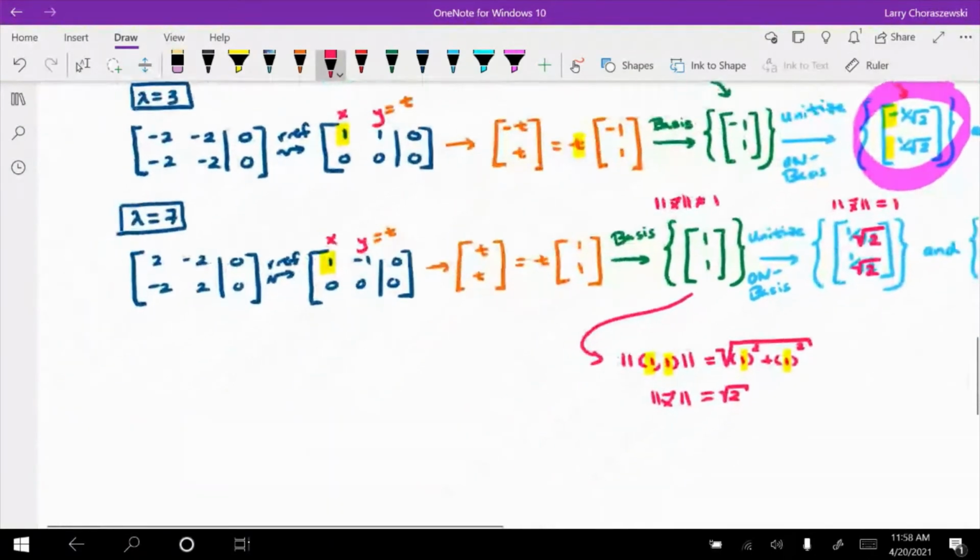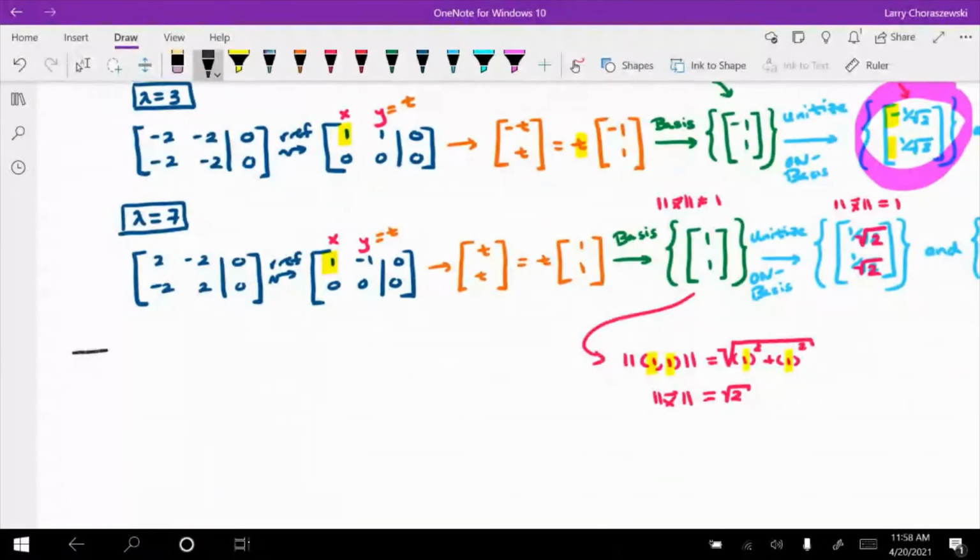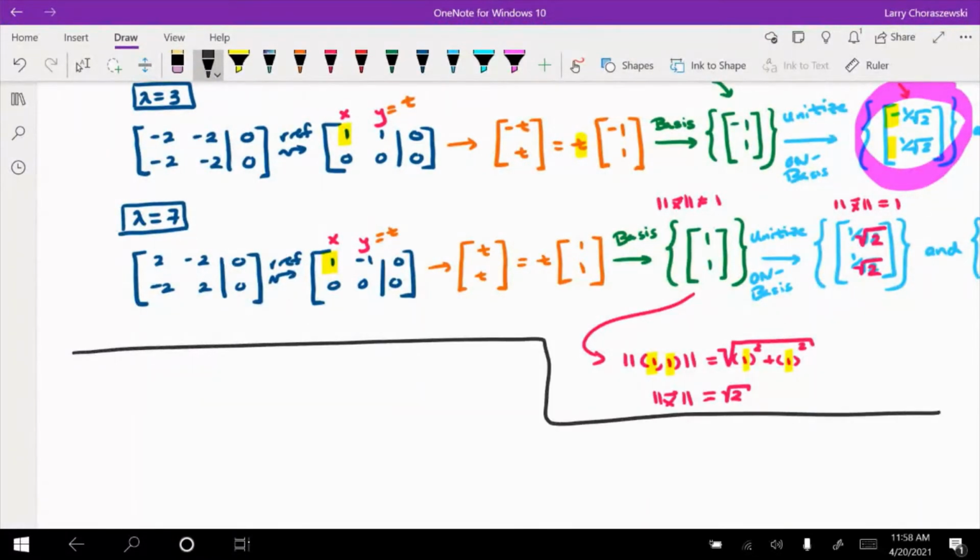All right, so let me show you guys something cool. This is the stuff that really excites math nerds like me. I'd like to use one of these basis vectors, and I'll make this a little note. Let's use the basis vector from lambda equals 3, which has the components negative 1 over radical 2, 1 over radical 2.